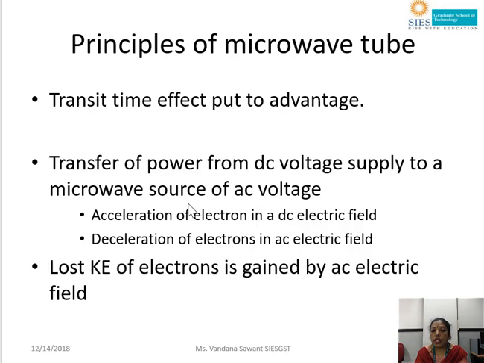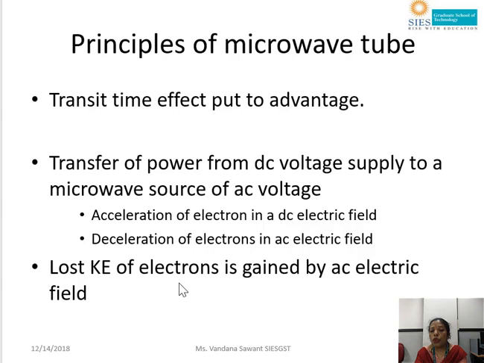Now whenever the deceleration takes place, what happens? The velocity of the electron decreases. As the velocity decreases, the electron loses its kinetic energy. Now once the energy is lost, it should be gained by something, because energy should be conserved.